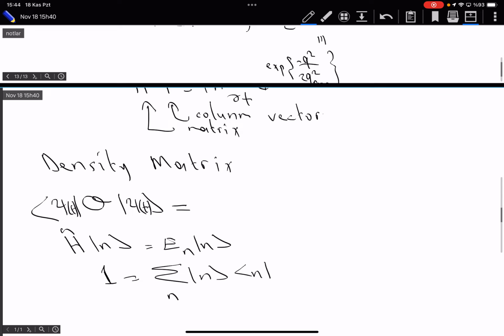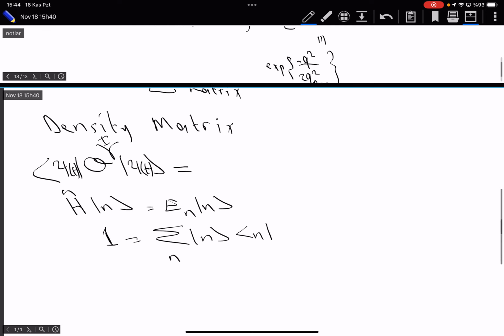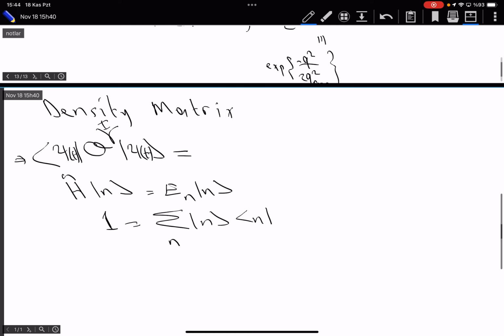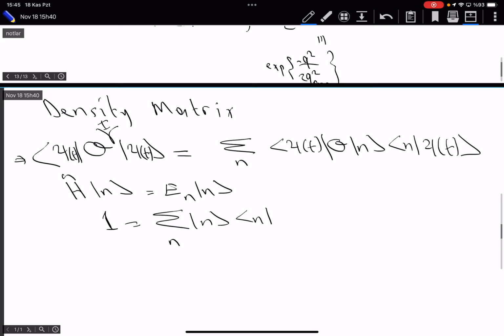If I insert the identity operator over here, this expectation value can be written as a sum over all these eigenstates of psi of t, O, n, and psi of t. Let me just reorganize a bit.